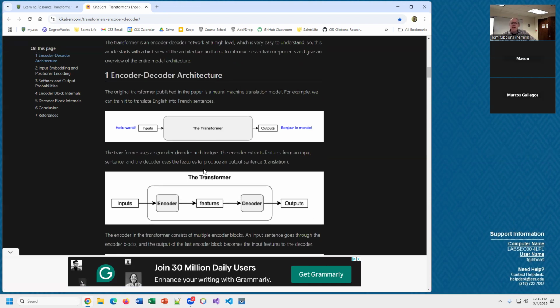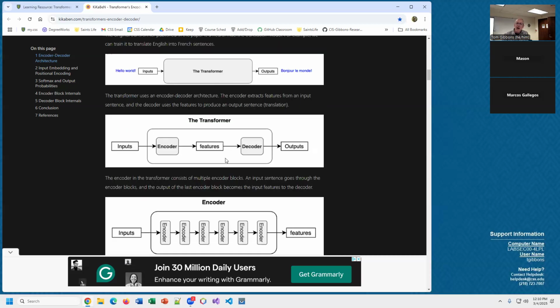So again, encoder-decoder architectures. The idea is that we're sending inputs into a transformer and getting outputs. Here they're looking at a transformer for translating from English to French. And again, the transformer has an encoder and a decoder inside of it. So we send in some inputs.